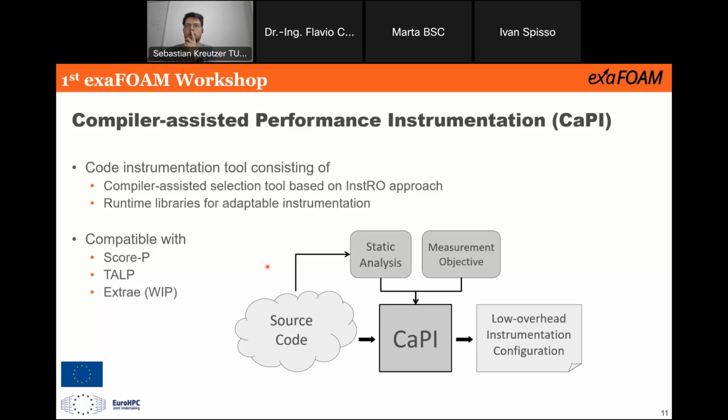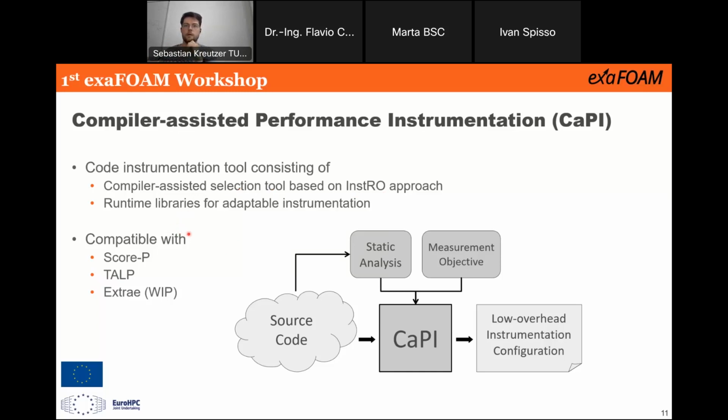But enough about that. This tool has two features. On one side, there's the compiler system selection feature, which is based on the Instro approach, another tool that applied that, which was adapted here for HPC applications. Another aspect is a selection of runtime libraries that enable adaptable instrumentation, which means that the instrumentation itself can be changed at runtime.